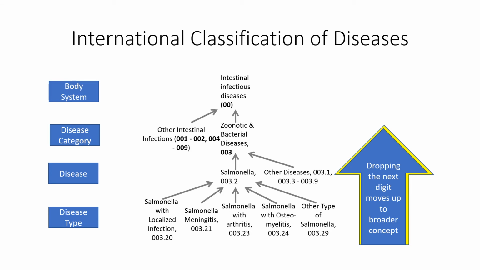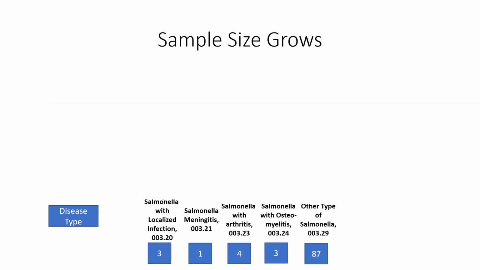When we further drop, we get to body systems, in this situation, intestinal infectious diseases. As we drop, the sample size grows.